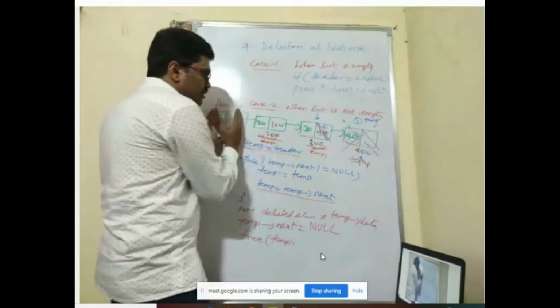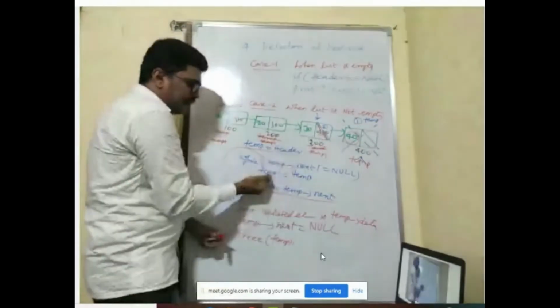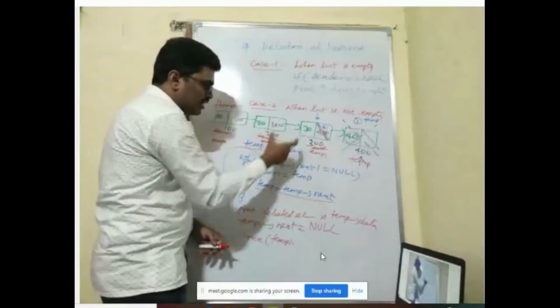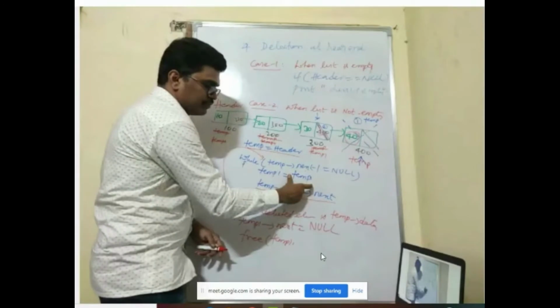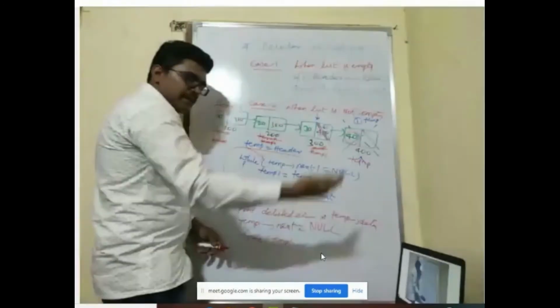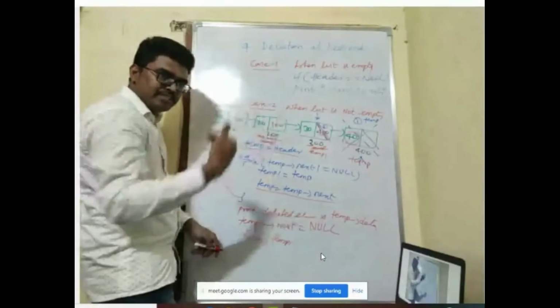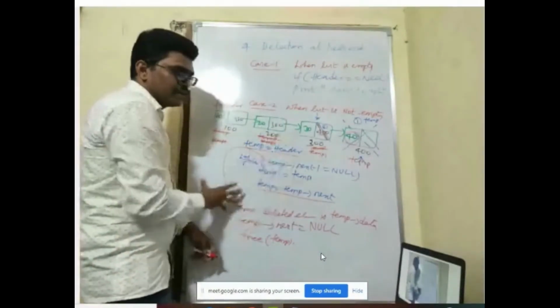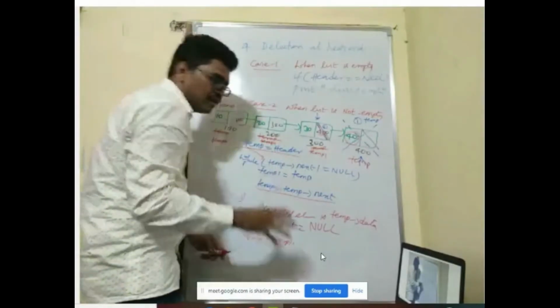Before I move temp to the next node, I make temp1 equal to temp. So that temp points to the next node, and temp1 points to the immediate previous node. Okay, so that is the logic that we have used. I hope you understood.